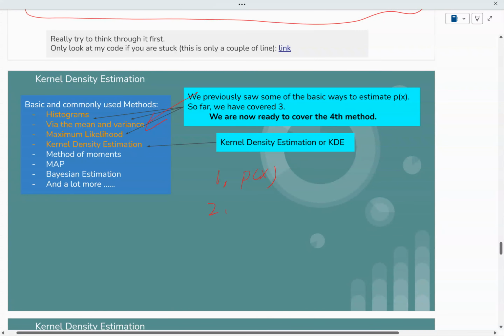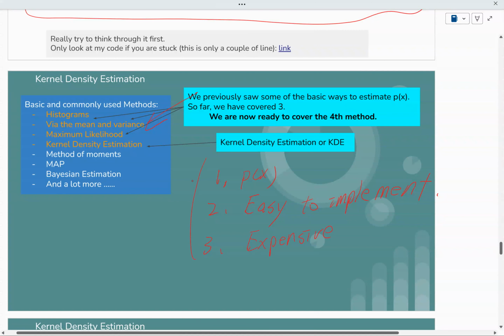And second, it is very easy to implement and understand. So it's just an easy approach. The only downside is that it's computationally expensive, so you use up a lot of processing power.